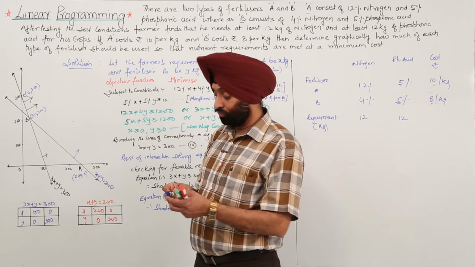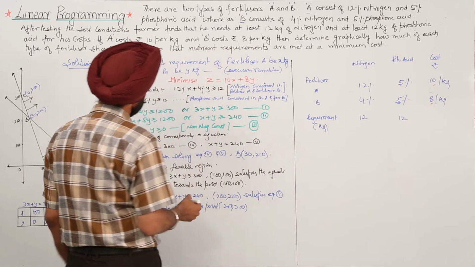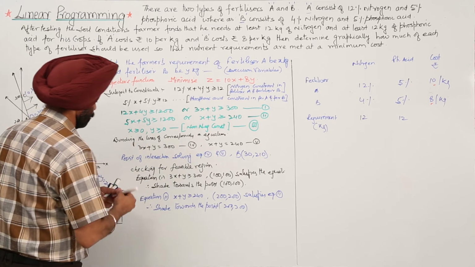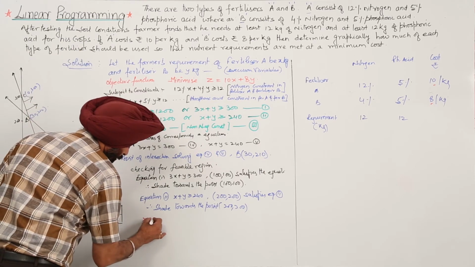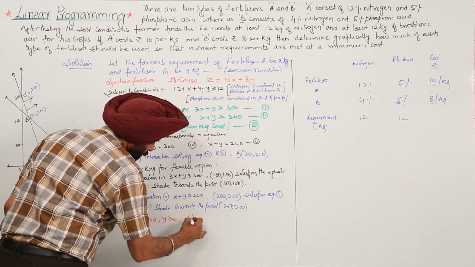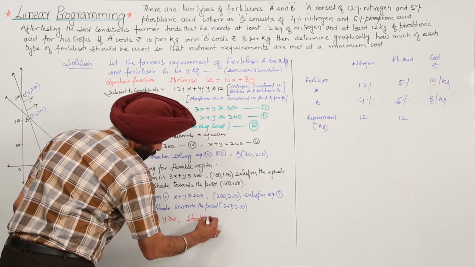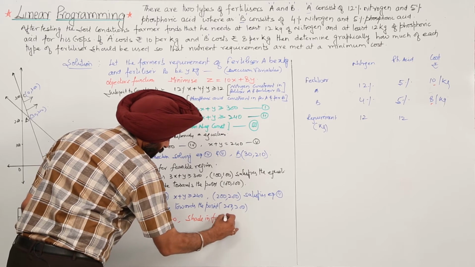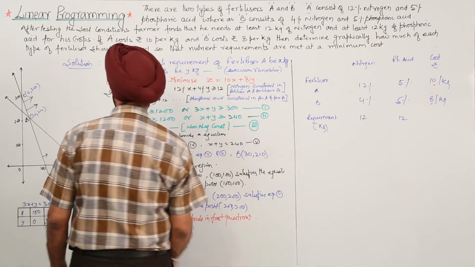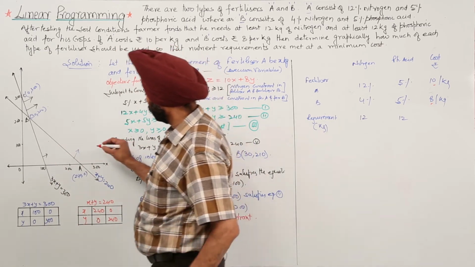Now the common feasible area after putting the points x greater than 0, y greater than 0, now shade in first quadrant. Okay. So now our shading is which side?